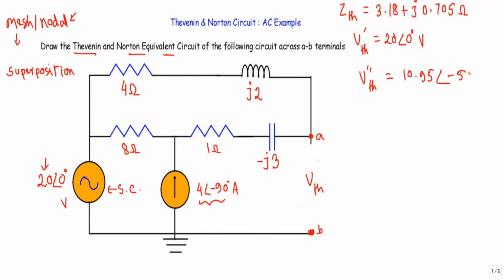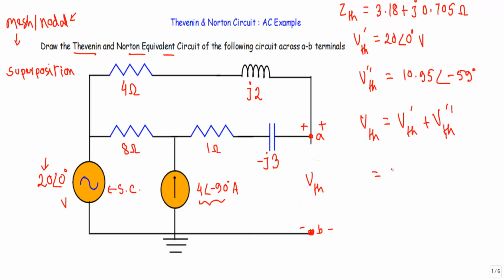Okay, see here, VTH double prime has A terminal positive and B terminal negative. VTH prime also has A terminal positive and B terminal negative. So as they are sharing the same polarity, our VTH will be the phasor sum of VTH prime and VTH double prime.